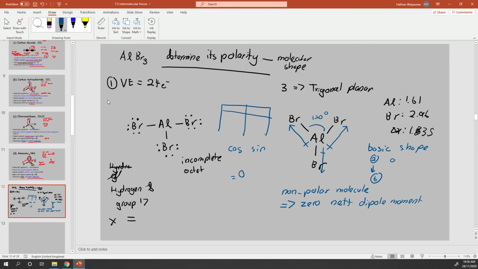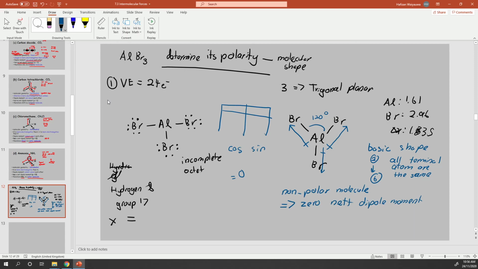Kalau all terminal atom dia, terminal atom which is yang keliling dia, all terminal atom are the same, we will get non-polar sebab we have zero net dipole moment. The dipole moment cancel each other. It's only kalau terminal atom semua the same.